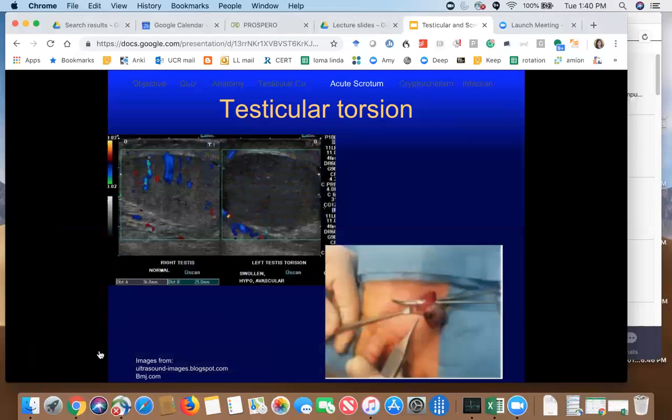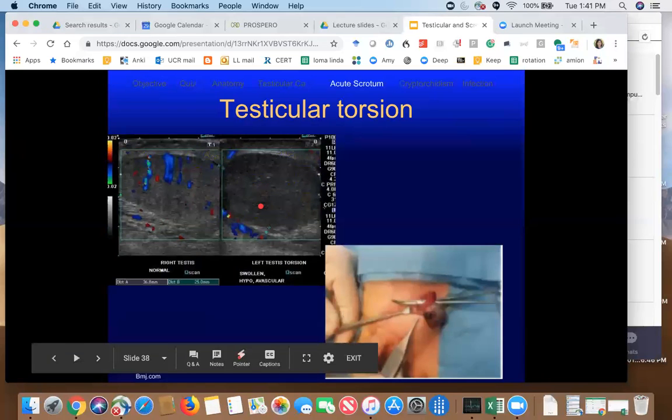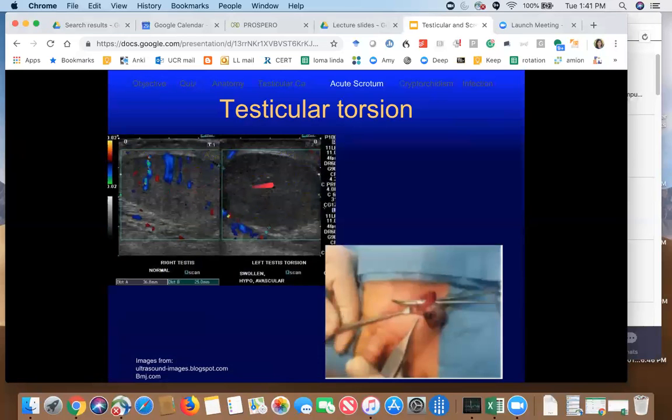So here's an example of a patient with torsion. This is the normal right side. The left side, there's absent flow. In addition, what do you notice about the grayscale? Is it similar or is it different? It's hyperechoic.